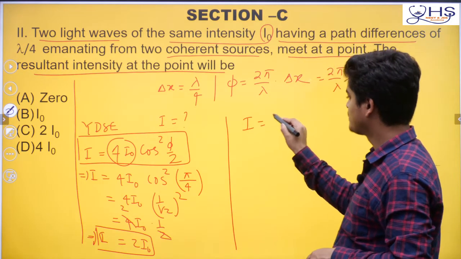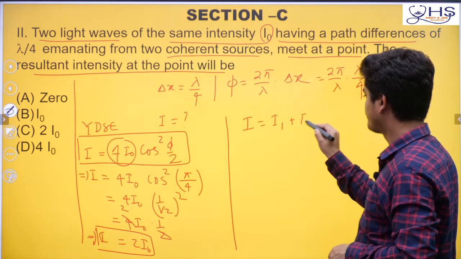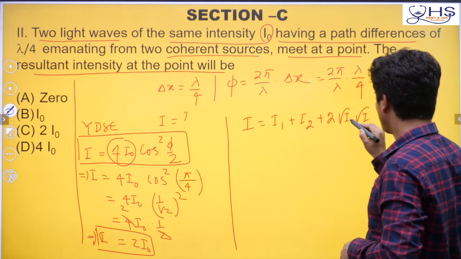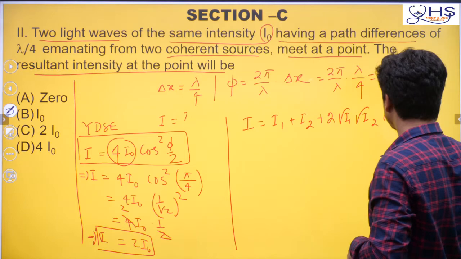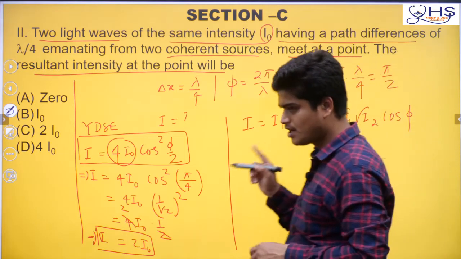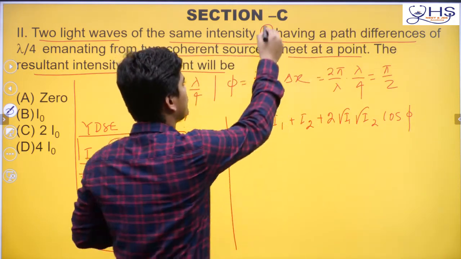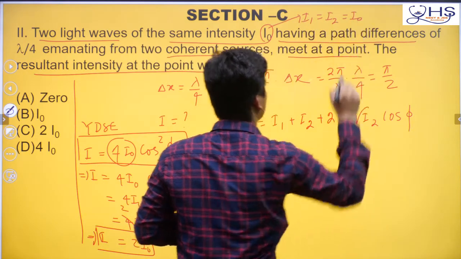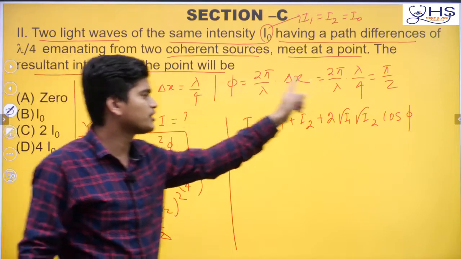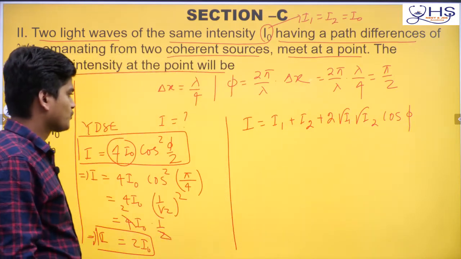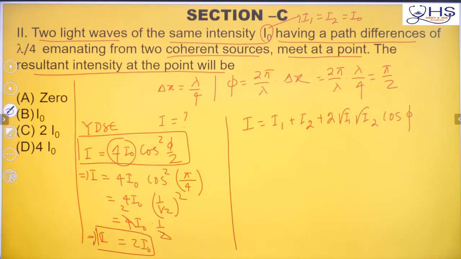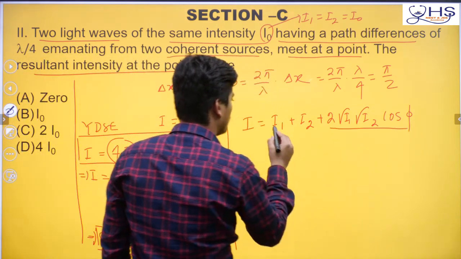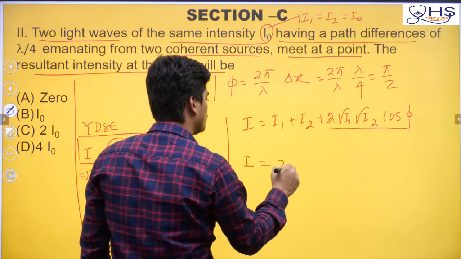If you are not solving this way, there is another formula you can substitute. The other way you can solve resultant intensity is I equal to I1 plus I2 plus 2 root I1 root I2 cos phi. So this is the resultant intensity formula I can substitute, and here I1 I2 are given in the question. I1 and I2 are both equal to I naught. So substitute and get the answer, and phi you can put as pi by 2. If you put phi equal to pi by 2, this term will become 0, because cos 90 is 0, and here I naught plus I naught is nothing but 2 I naught.